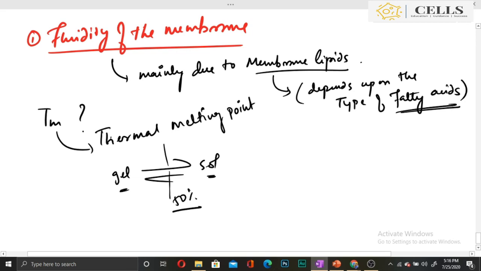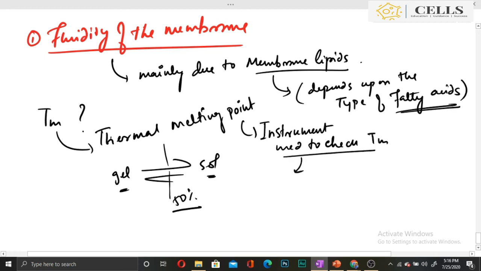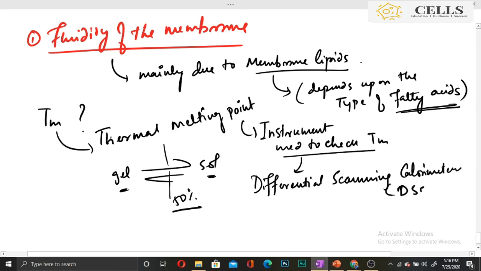And the instrument used to check the thermal melting point is also very important. Questions are coming in JNU. The instrument used to check TM is the differential scanning calorimeter, DSC, right?